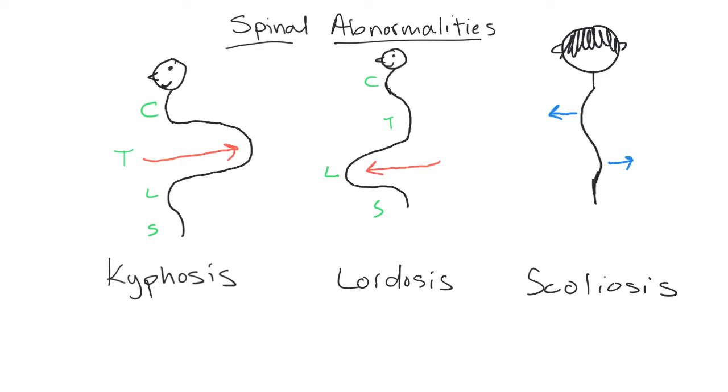And it can occur usually in the thoracic and lumbar vertebrae, but I guess could possibly occur in the cervical vertebrae as well. And it may just be in one or the other. It doesn't have a strict definition where it occurs. It could occur anywhere along there. It could be at any degree.